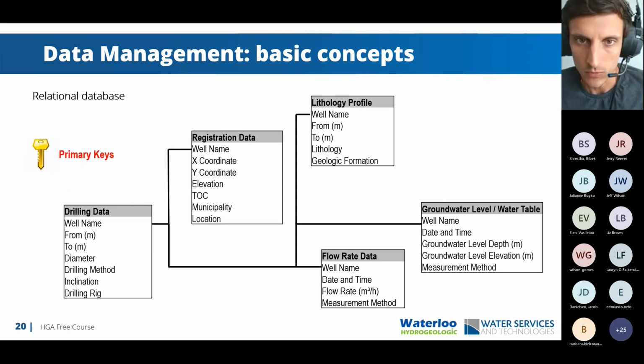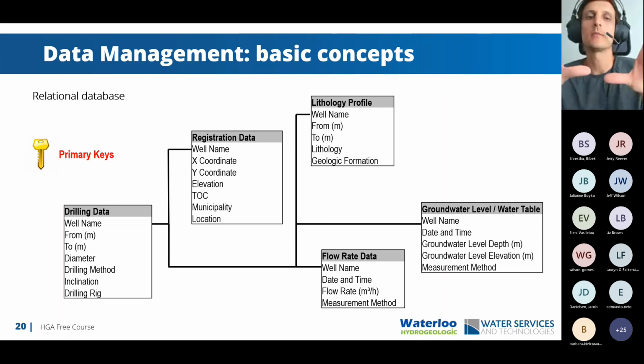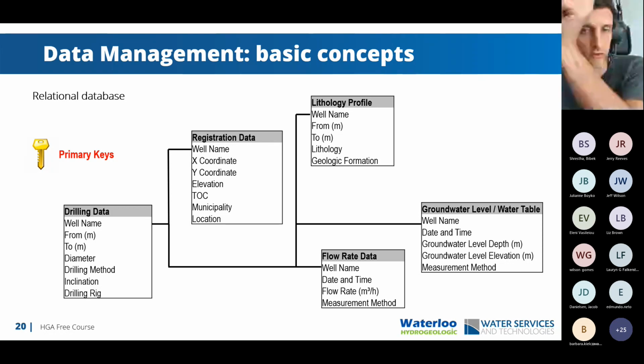Now, when we talk about groundwater level, on this table, imagine a table like a spreadsheet in Excel. Each of these is a column. So you have a column for the well name, a column for the date and time of your measurement, and another column for the groundwater level.